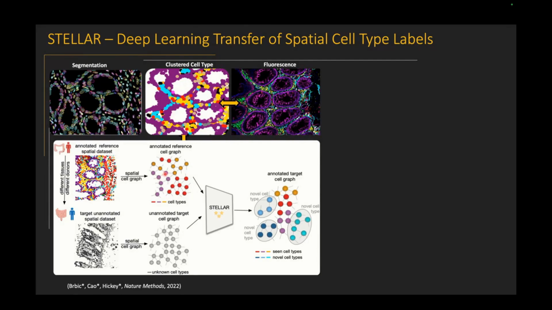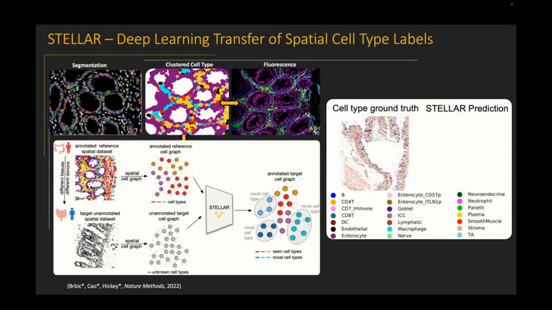And its node attributes are the individual proteins or markers that it expresses. We train this algorithm with this information, and then we can use this algorithm to annotate additional new unlabeled data sets. And it's also able to recognize novel cell types, like I mentioned in the earlier algorithm.